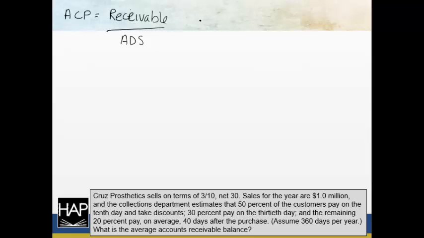I can rearrange this formula so that the receivables are equal to the average collection period times the average daily sales. With the information I've been given from Cruise Prosthetics, I can calculate both the average collection period and the average daily sales to then get the receivables balance.